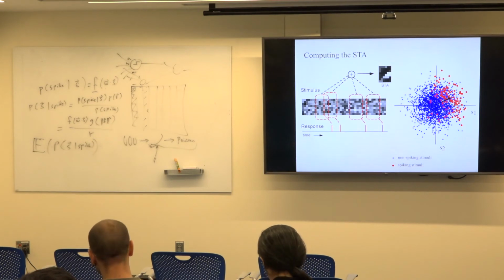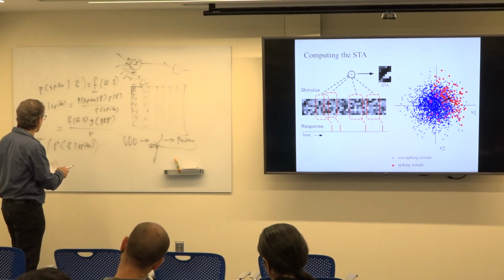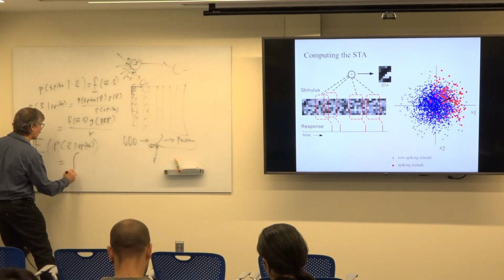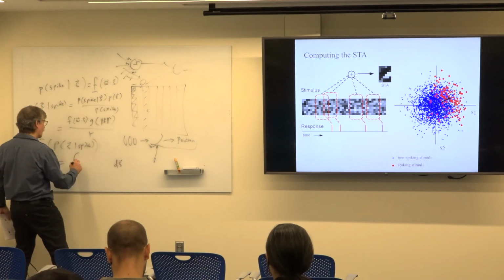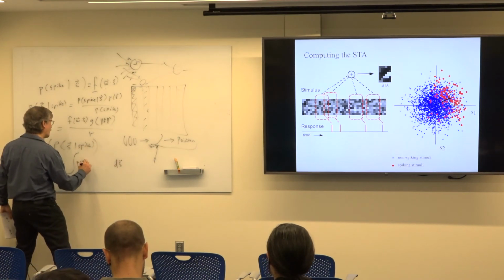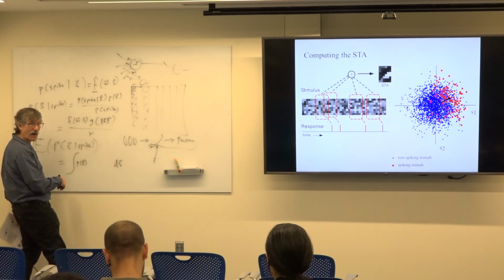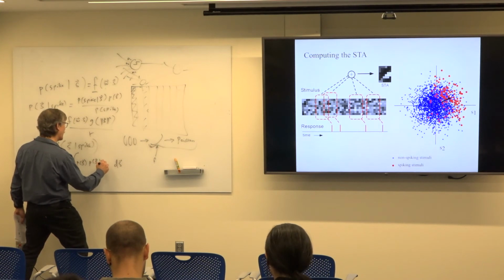Okay? So let's think about what that expected value should look like. So that expected value, first of all, how do you calculate an expected value? You calculate an integral over all possible stimuli of the probability of that stimulus occurring times the thing we're taking the expected value of times the probability of that stimulus given spike.